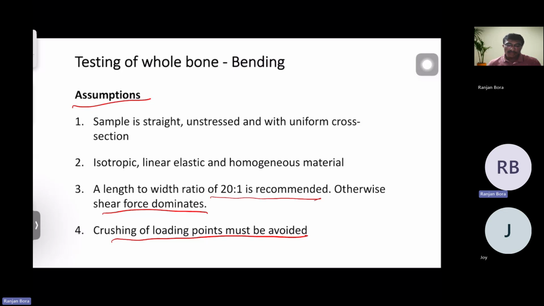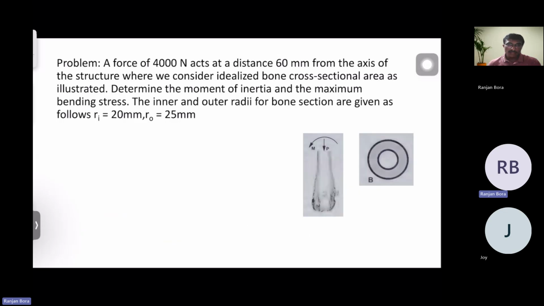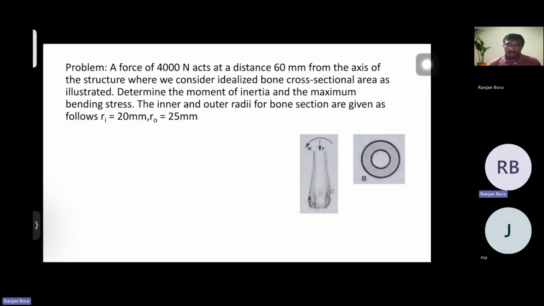Now there is one problem related to bending of bone. In this problem, a force of 4,000 Newton acts 60 mm from the axis of the structure, where we consider an idealized bone cross-sectional area as illustrated in the figure.